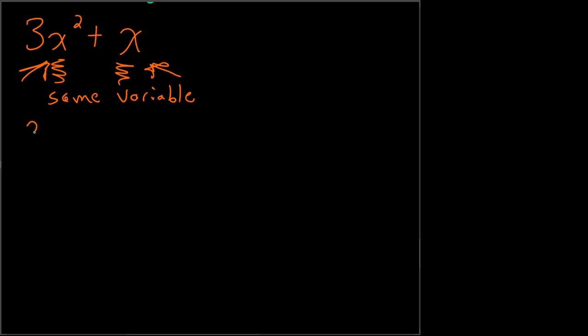And so this is like writing 3 times x plus x, and we have this extra bit here that we have no way of blending across. We will find there are ways we can manipulate this to get useful quantities out of it as we go on. But in general, we want to say that x squared is not the same as x. And so this is simplified.